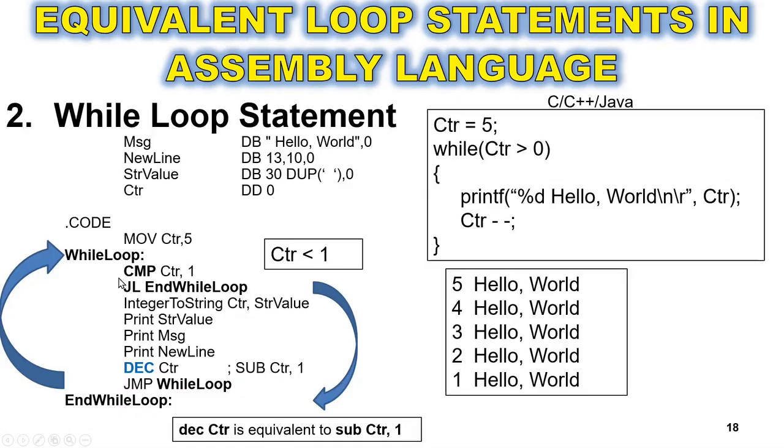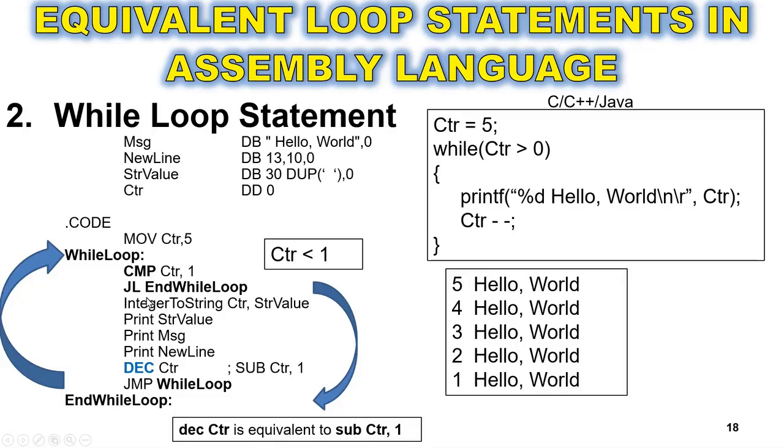Next, the CPU will execute the compare 5 with 1. And then the next is the conditional jump JL, jump if less than, to the label end while loop. Is 5 less than 1? And it is false. Therefore, it will not yet stop repeating.